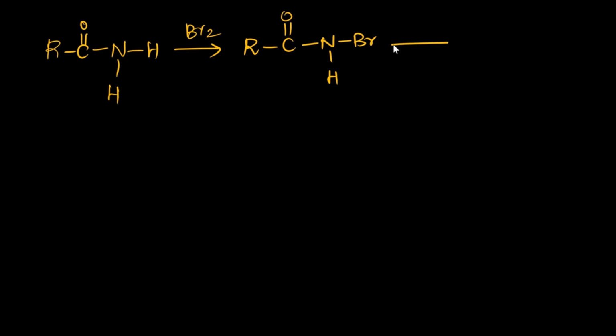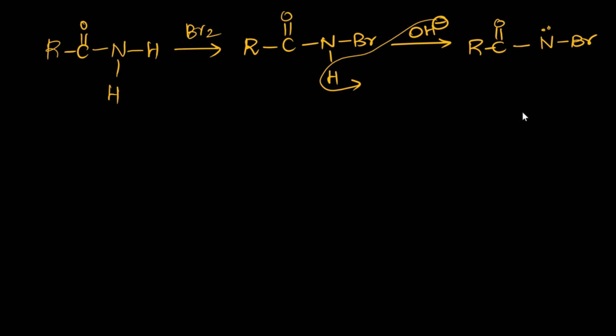RC double bond O NH2, right? With Br2, first it will take up one hydrogen and Br occupies that position. Then OH minus will come and take up the hydrogen. So that will form C double bond O N Br, right?